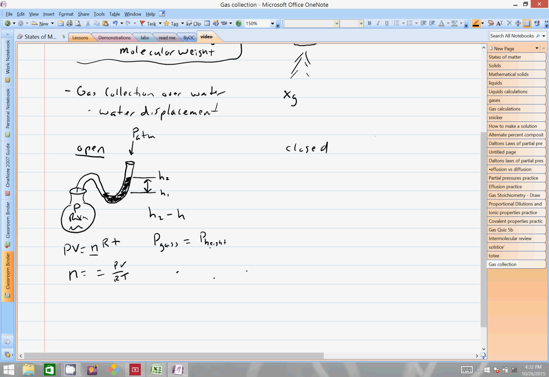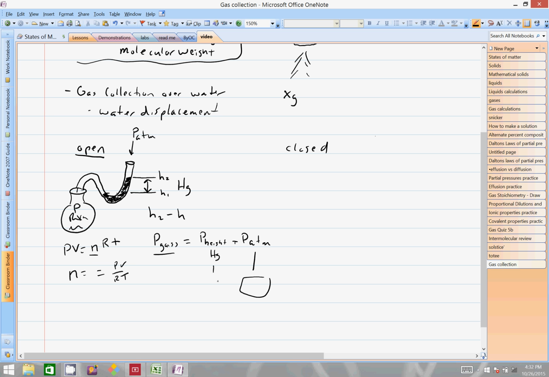If it happens to be water, let's just say in this case it's mercury. Mercury is more common, at least on paper, because I'll talk about it in a moment. But either way, mercury is right there, and then plus it's pushing down the pressure of the atmosphere. At that point, if you want to know the pressure of the gas, you could straight up plug in the pressure of the atmosphere.